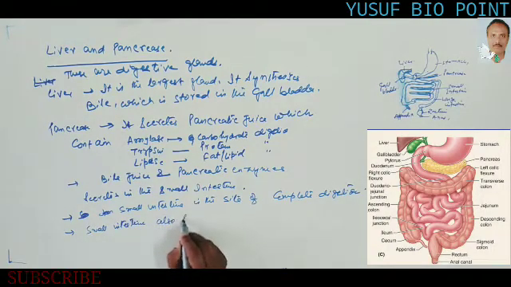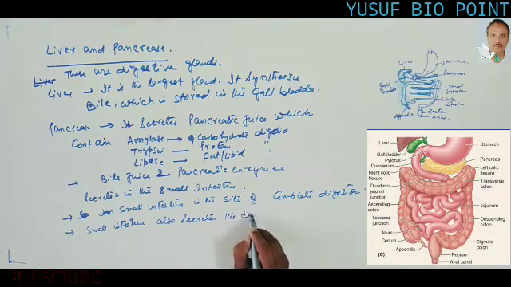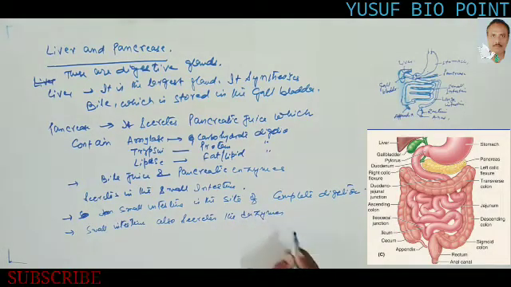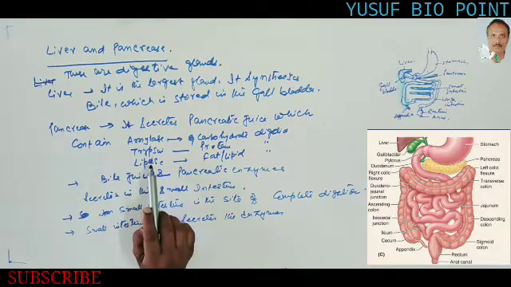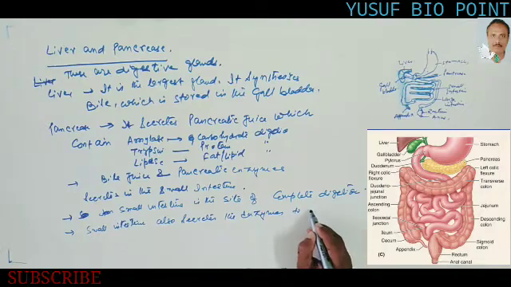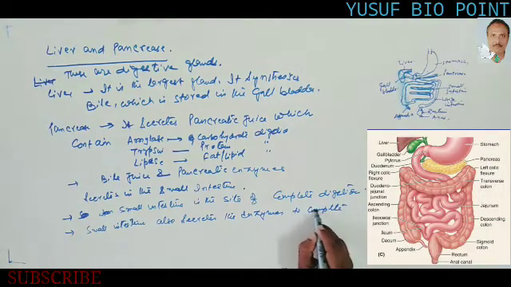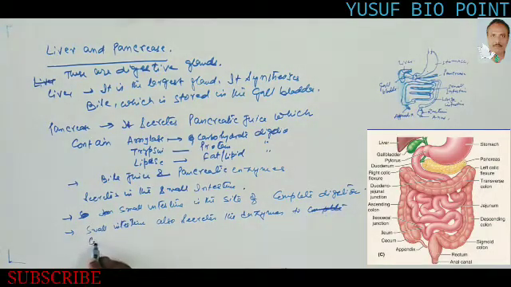In addition to this, the small intestine also secretes enzymes like amylase, trypsin, and lipase, to complete the digestion.